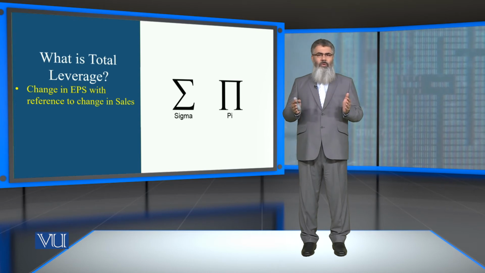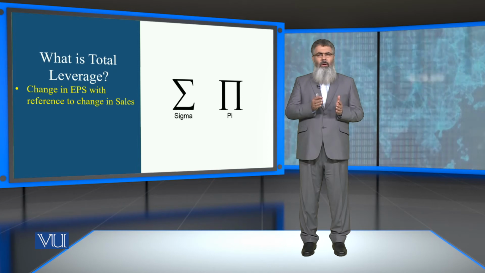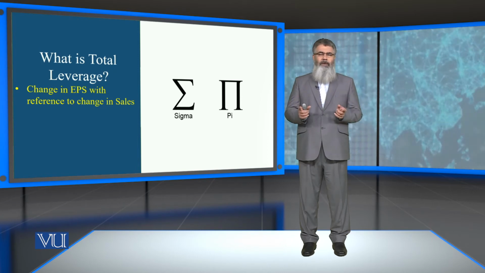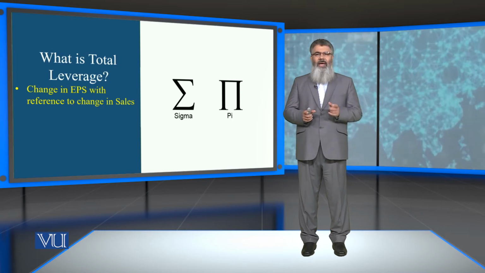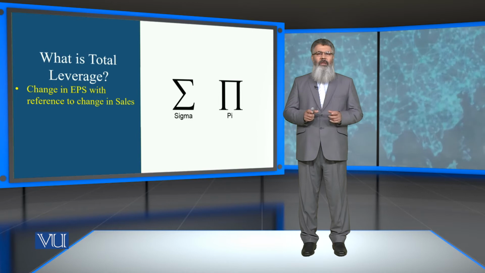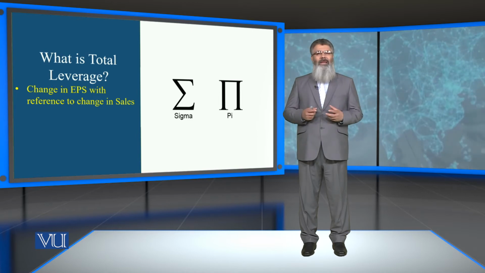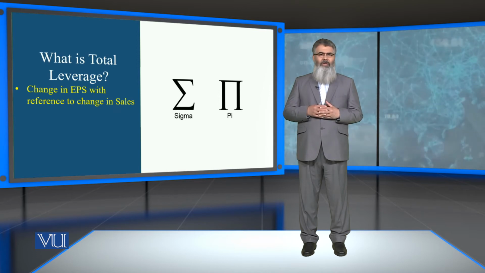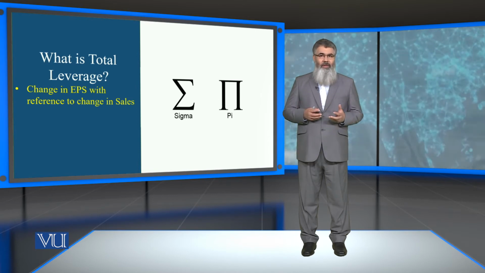So if we look at it combined, sales to EBIT and then EBIT to EPS are actually two components. Sales to EBIT is actually operating leverage, and EBIT to earning per share is actually the financial leverage. So when we combine the two, that is operating and financial leverage, what we get is the total leverage.